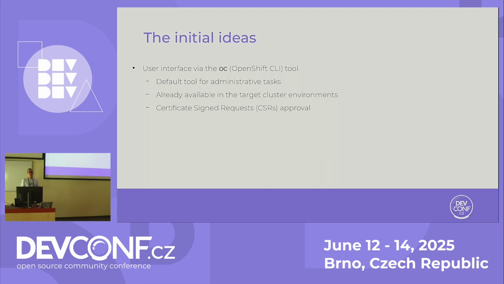So it's something already known by the admins. And of course, if you already installed the cluster, it's already available in the target environment. Moreover, it already provided a couple of commands for approving the certificate signing request.